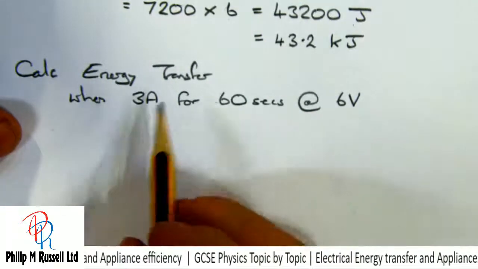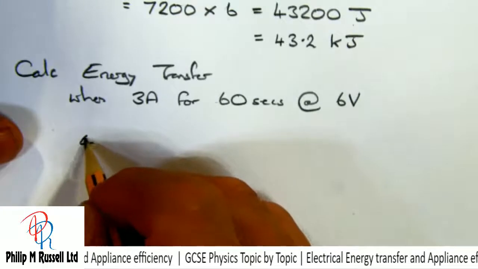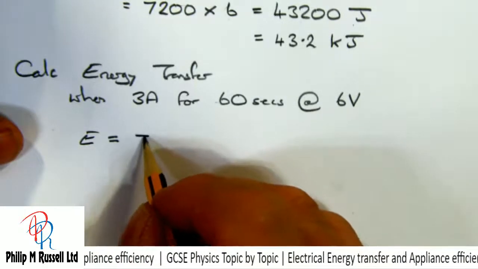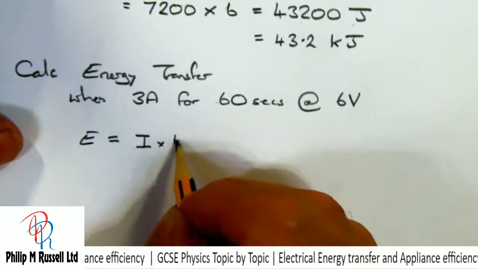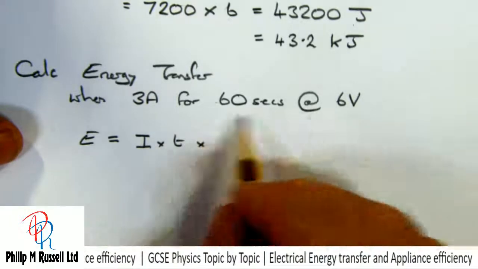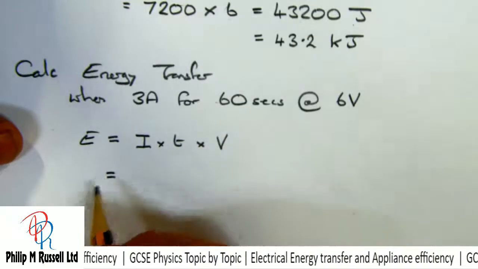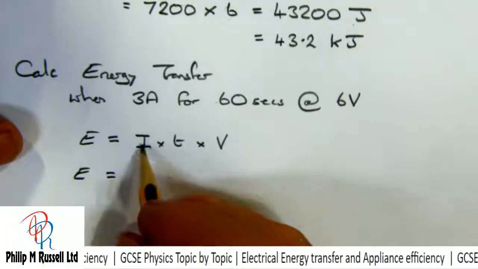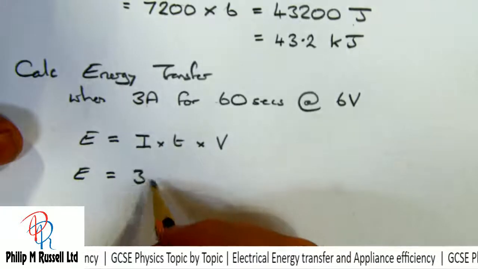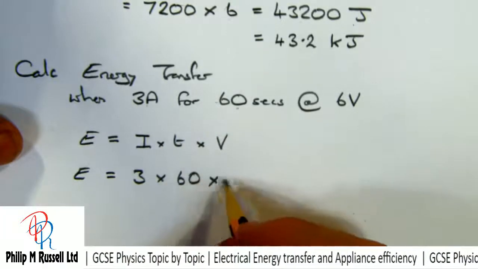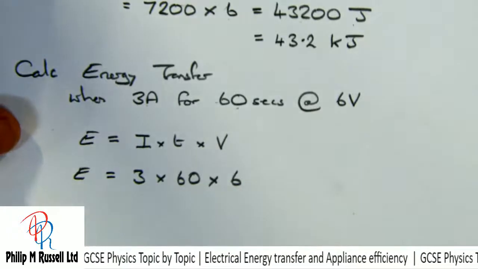So we can work out here my energy is going to be Q, and we know that Q is the current times the time times the voltage. So my energy here is going to be 3 times 60 times 6.